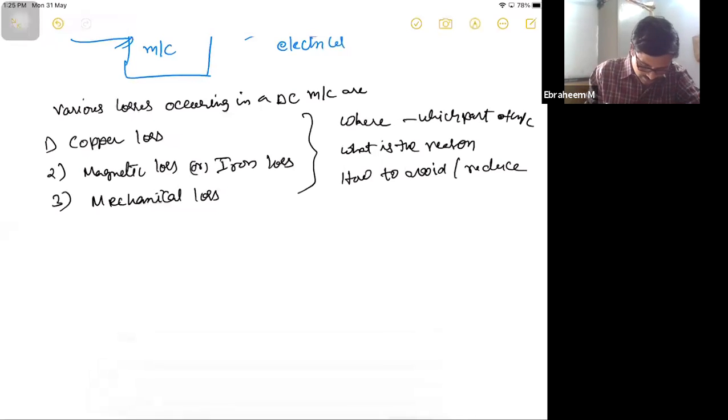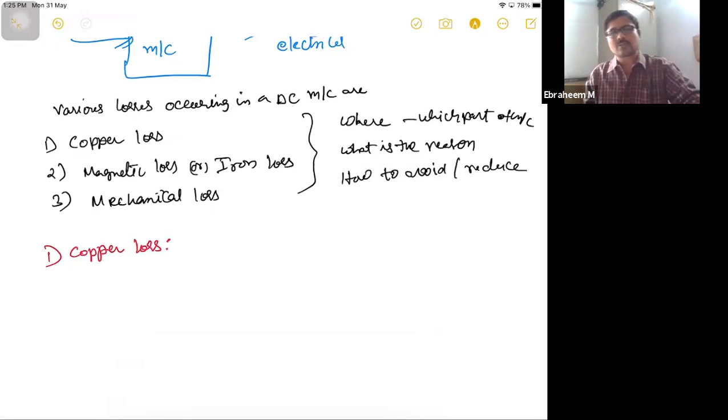First one, copper loss. Copper loss occurs in the copper parts of the generator. That's why it is called copper loss.